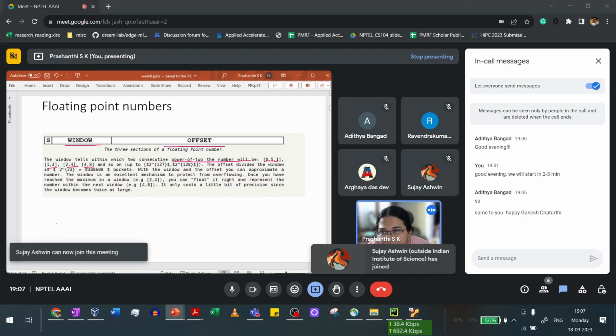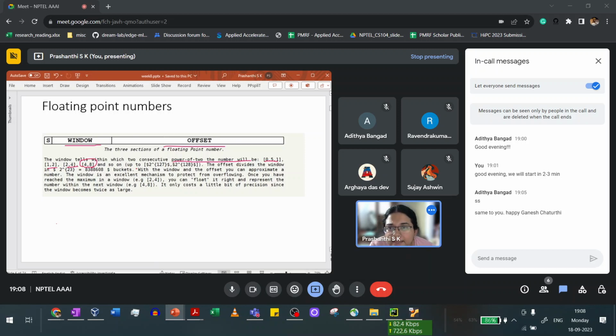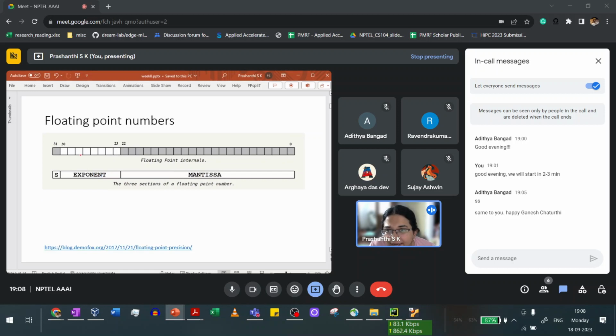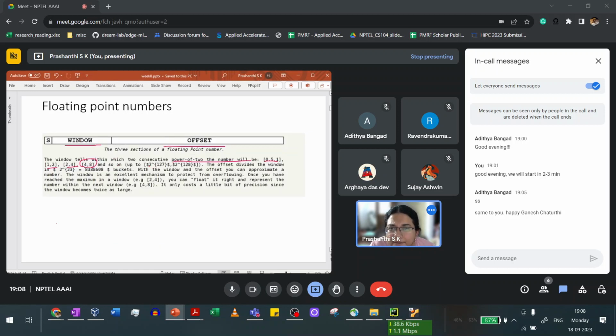These are all powers of 2. For instance, this one is 2 to the power of 2, 2 to the power of 3. Since you have 8 bits for this, you can have buckets up to 2 to the power of 127 to 2 to the power of 128. This is the largest window you can have.